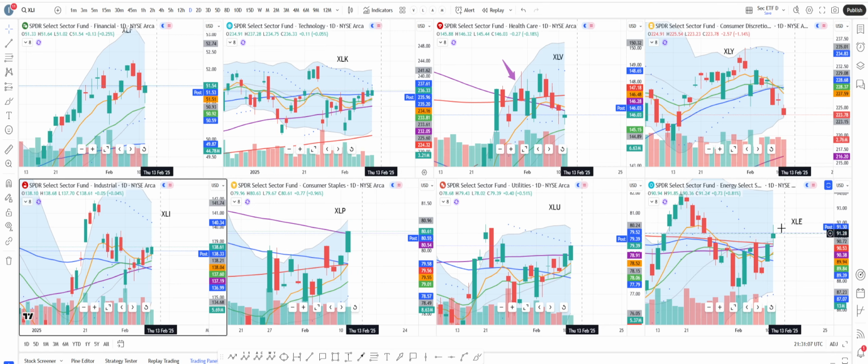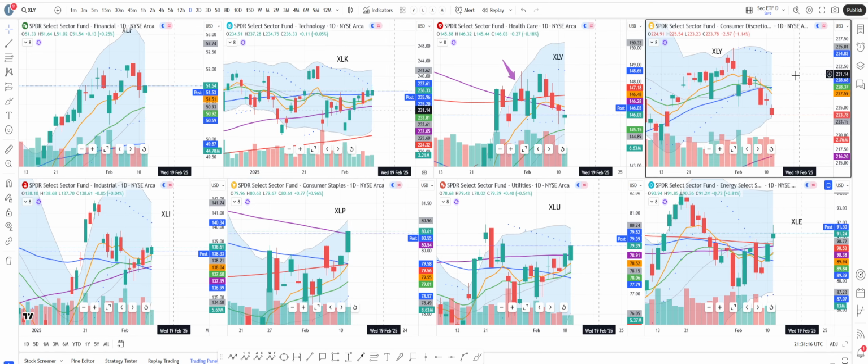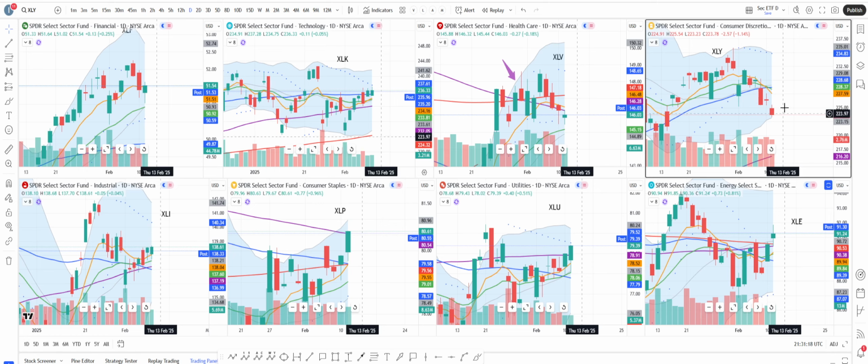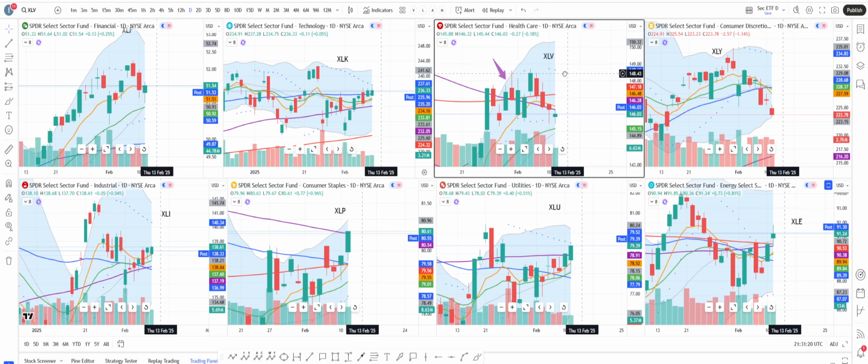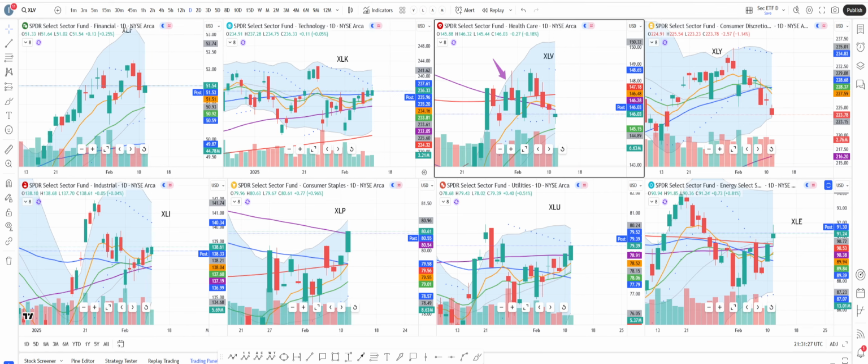Energy is kind of neutral, and this is an interesting formation here. So it could be either bearish or bullish depending on the next candle.